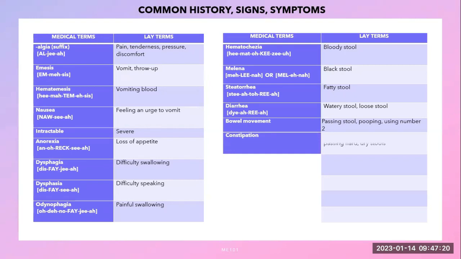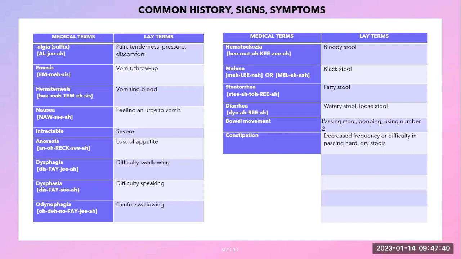Constipation, right? Constipation means decreased frequency or difficulty in passing hard, dry stools. But when you talk about constipation, make sure the patient understands what constipation means, because not a lot of people understand it.